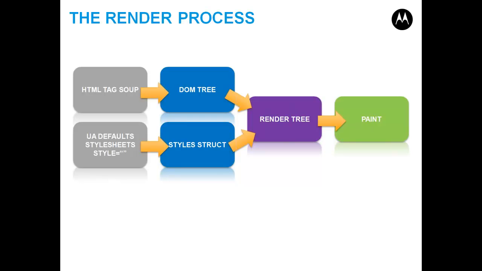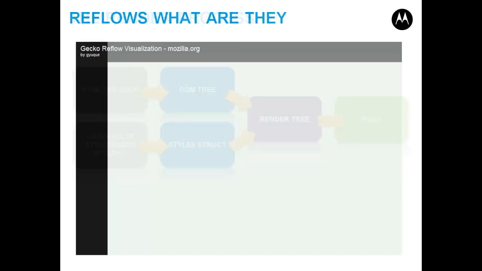The render tree is really just what is visually there. Once the rendering engine pieces all of this together, it then paints it to the screen, and that's what you see. So it is a tree, and that's a very important concept to understand, along with how the process actually gets to painting your application.